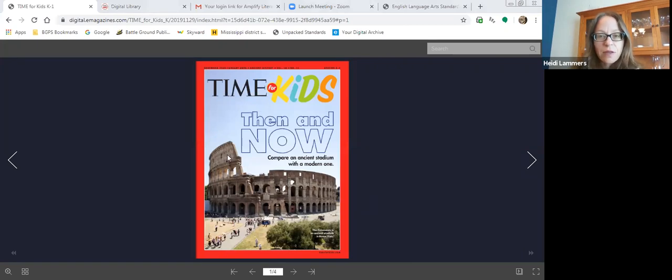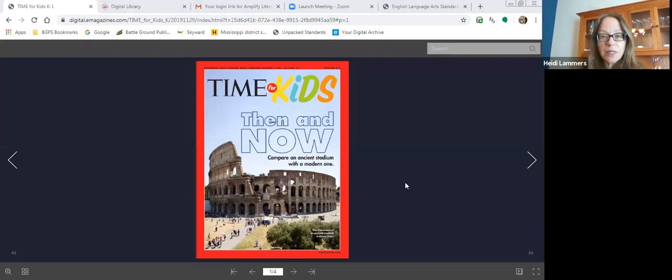So this ancient structure was built a very long time ago, and it's not used for its original purpose today. It's used as almost like a museum. People go visit it and learn about what it was like in the past, but nothing happens there except people looking around and learning about the past.